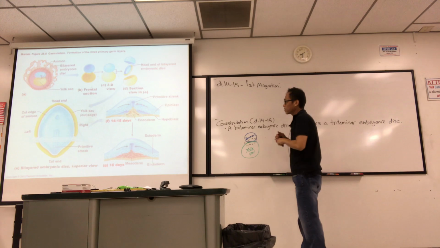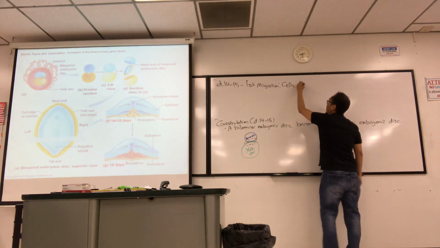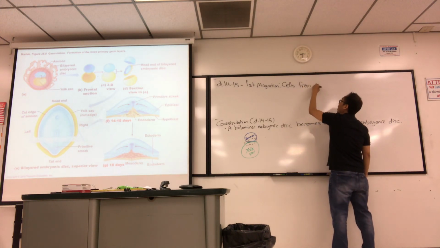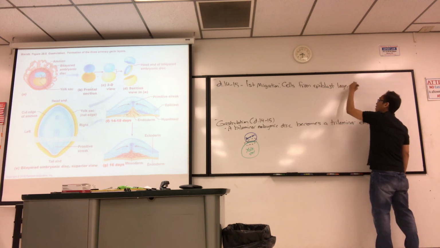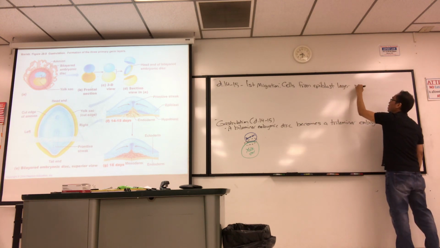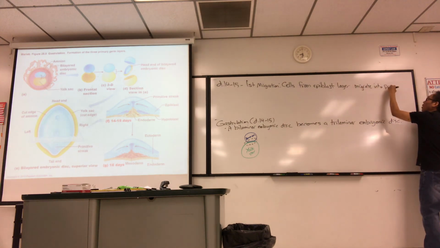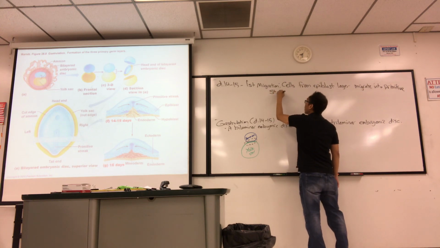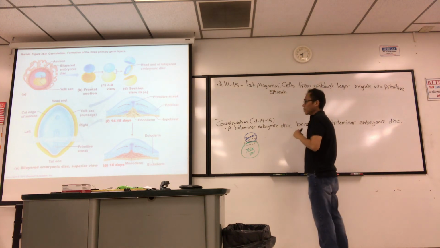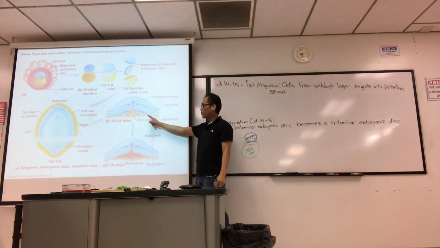That is where cells from the epiblast layer migrate into the primitive streak, and they form the endoderm underneath.